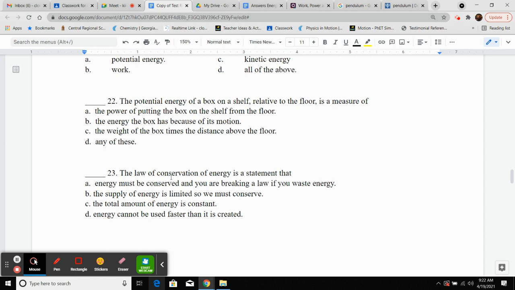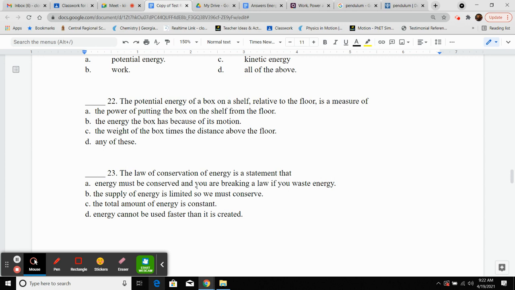Energy cannot be created or destroyed. So if you know that is the definition, which one of those is the closest thing to that? You originally said D, right? Energy cannot be used faster than it's created. Well, remember, energy cannot be created, so that definitely can't be an answer.